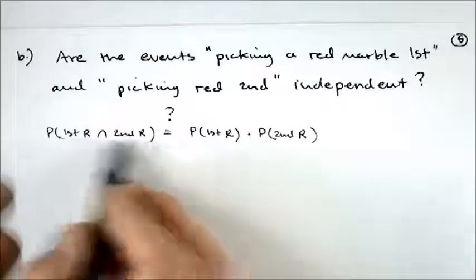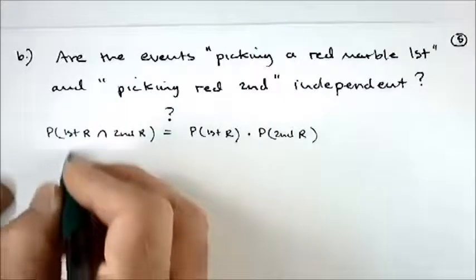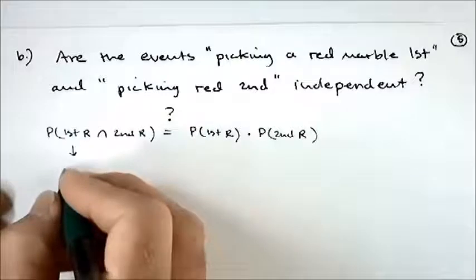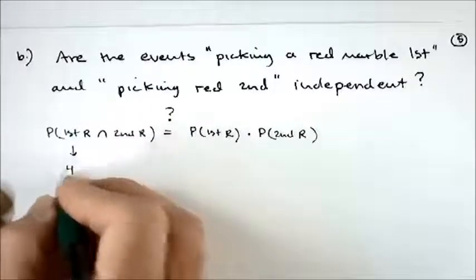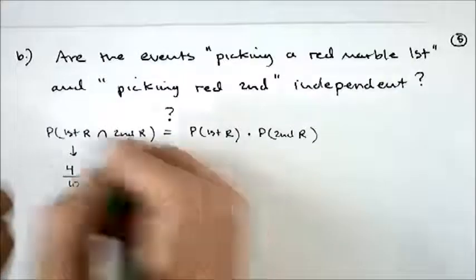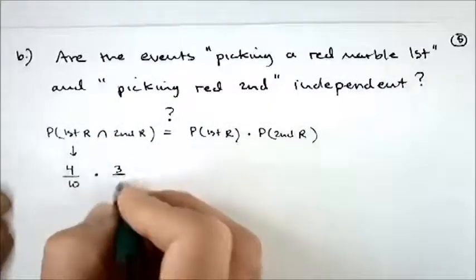Well, this probability right here, we can just run through. The probability that the first one is red is 4 out of 10, times the probability the second is red. Now both of these happen, the first one's red and the second one was red, so this would be 3/9.